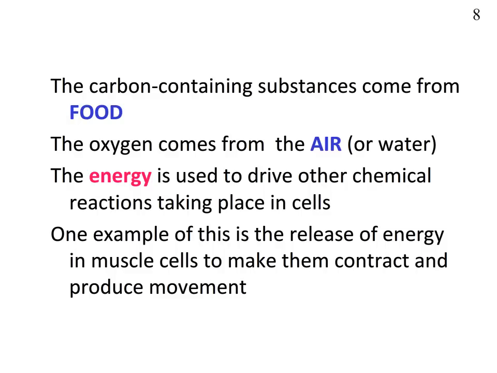A very common example of carbon containing food would be glucose or sugar. You may know that the formula for sugar or glucose is C6H12O6. Can you tell me why we get a burst of energy when we have sugary substances or sweets? Think about that.